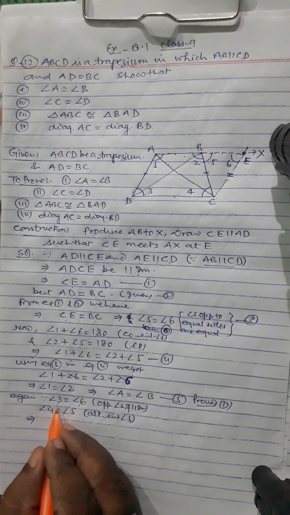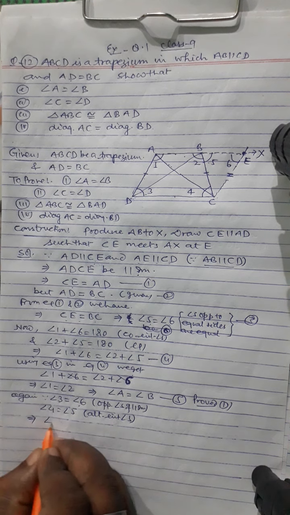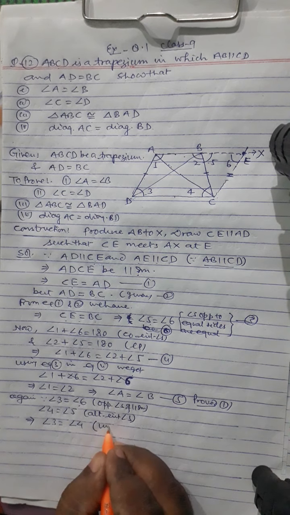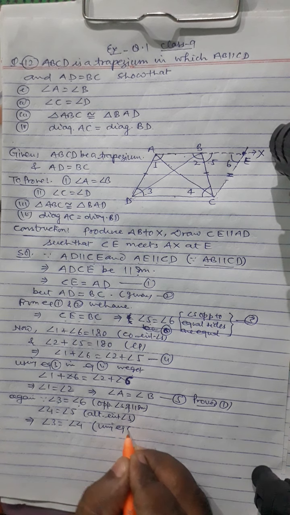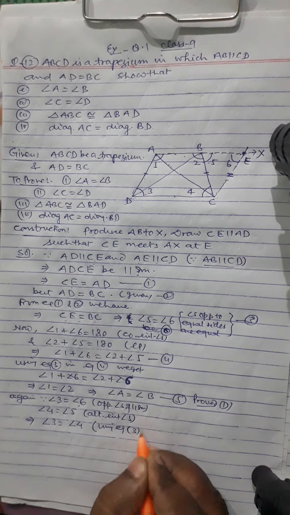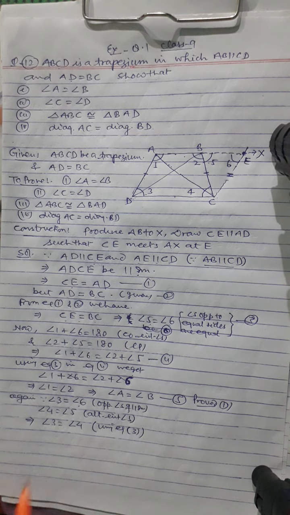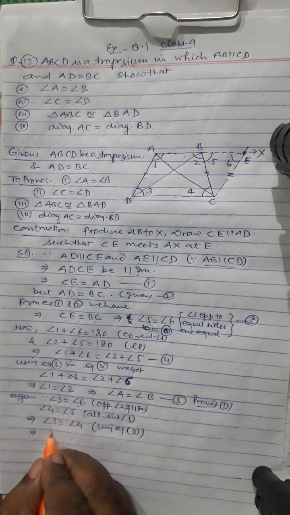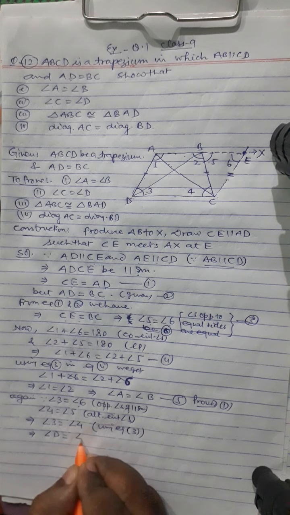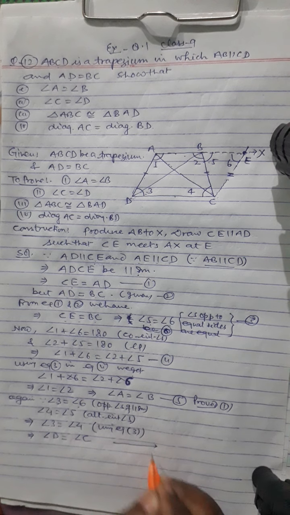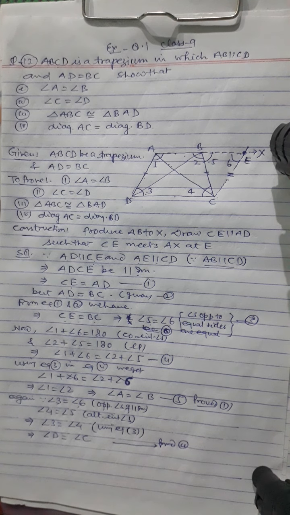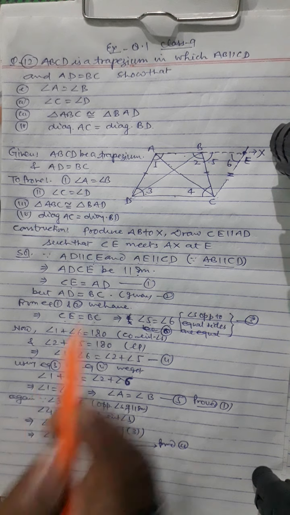Therefore angle 3 is equal to angle 4. Now angle 3, that is angle D, is also equal to angle C. This is the proof of the second.